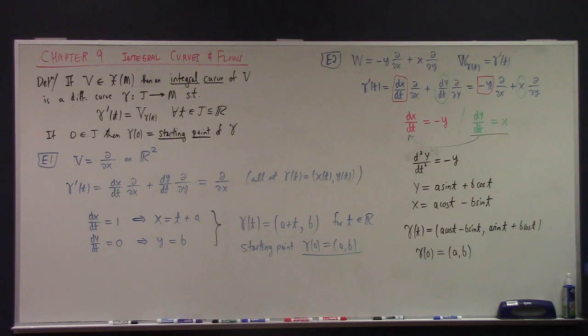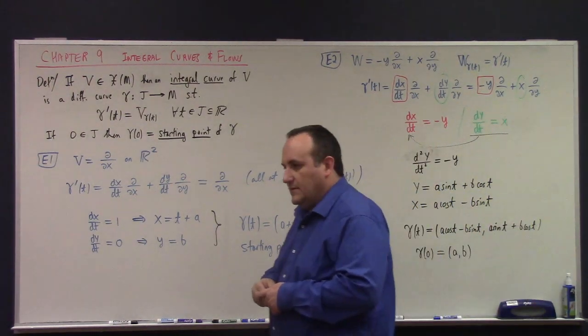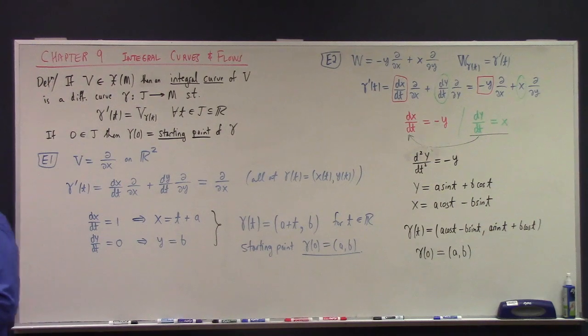So again, this is a complete vector field because the integral curve has a natural domain of the whole real line. And in both of these examples, a and b are arbitrary, right? You can find an integral curve which goes through any point. Agreed?